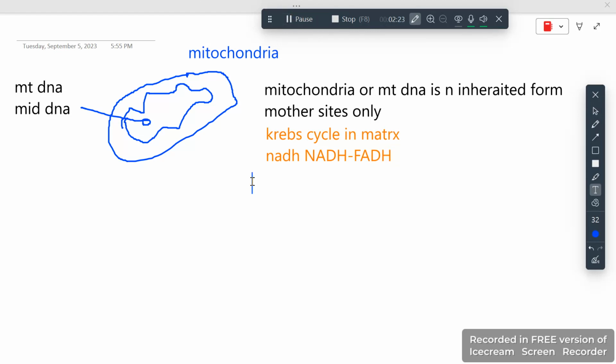So first, in the Krebs cycle there will be reduction when we have NADH formation. First reduction in NADH formation, sorry.